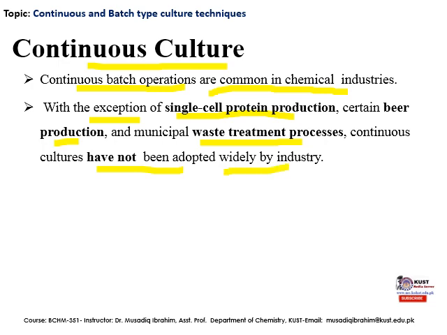So it means that most of the industries which are adopting the continuous culture mode are the chemical industries, the single cell protein production industries, the beer production industries, and the waste treatment plants of the municipalities. Other than that, all the other industries like the pharmaceutical industry or the cosmetic industry are adopting the batch mode or fed batch mode.